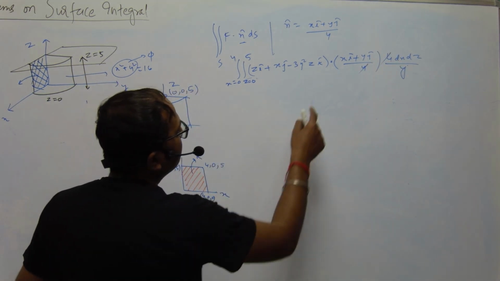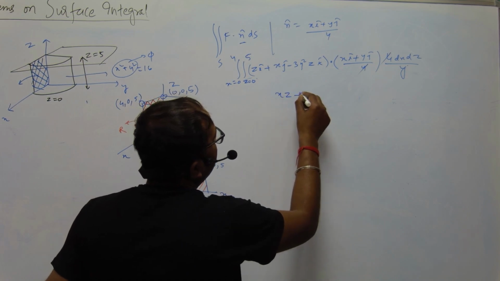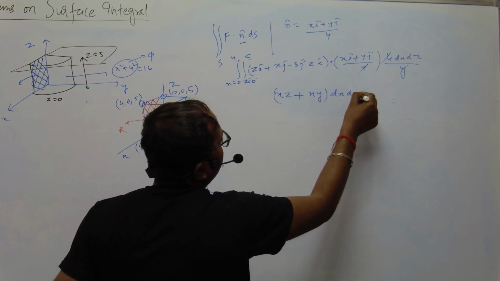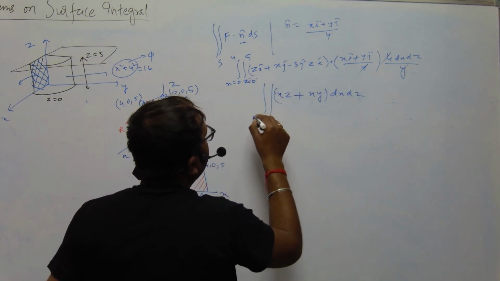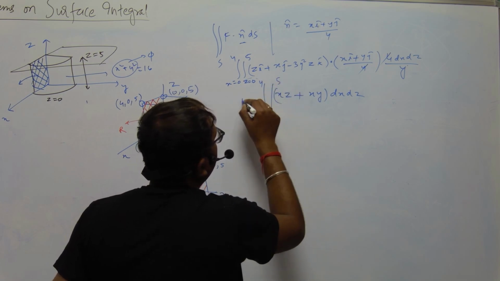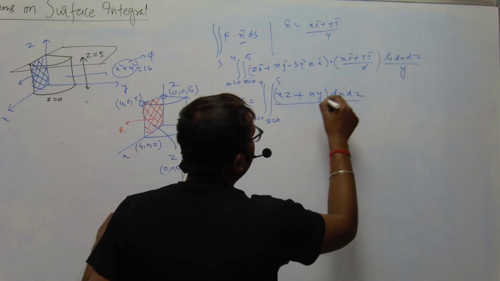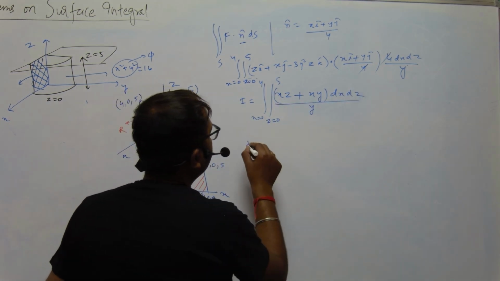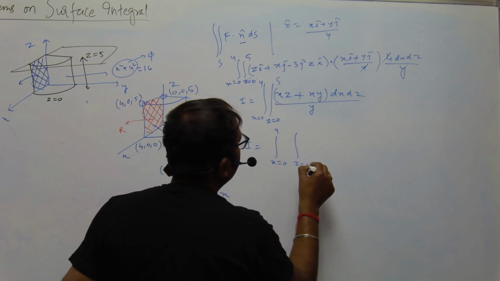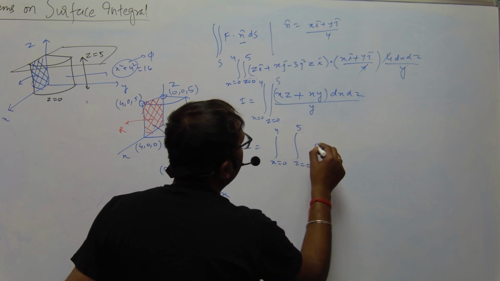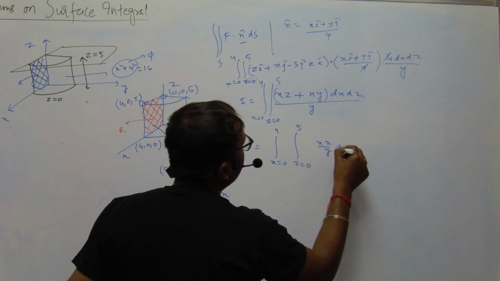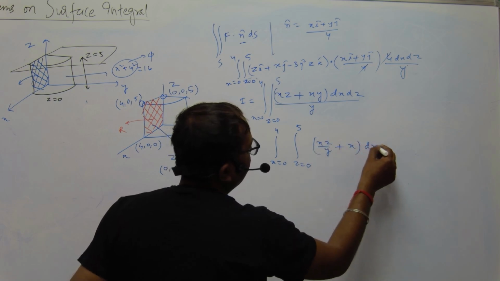So we have xz upon y plus z, with the double integral over x equal to 0 to 4 and z equal to 0 to 5, dx dz.